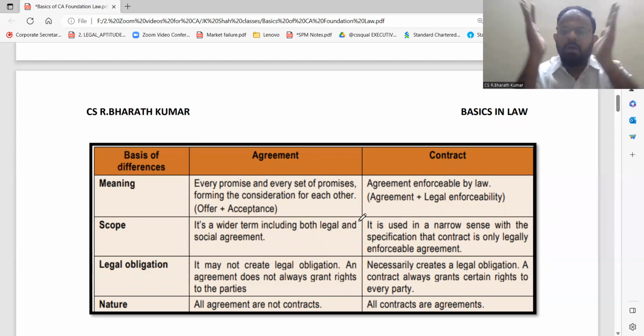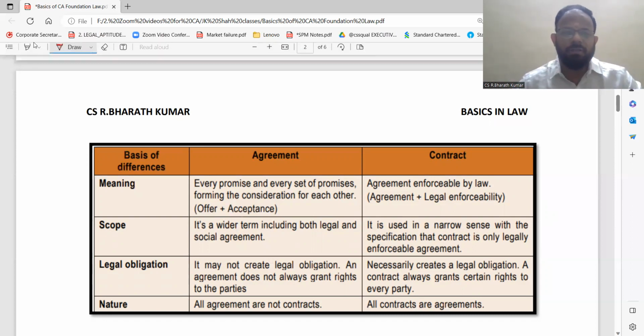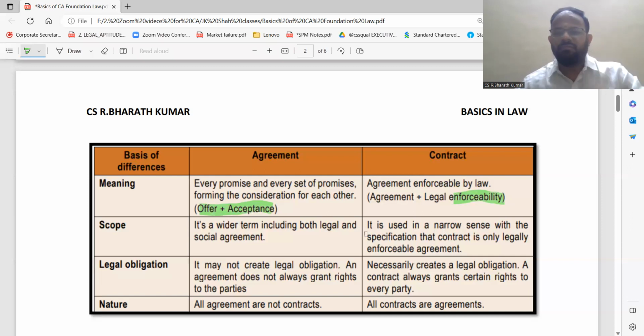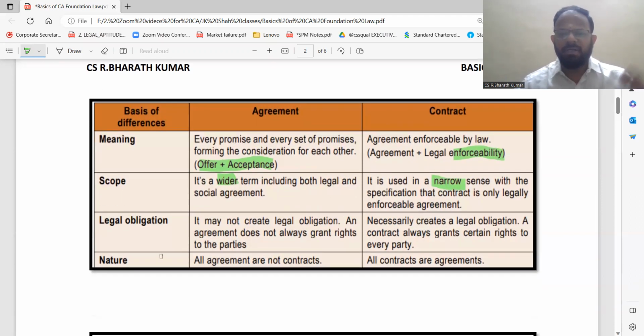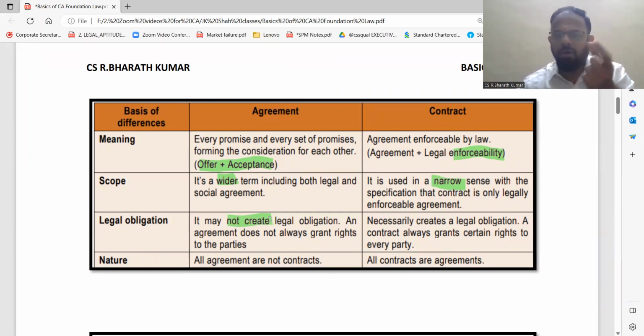Agreement is a wider term, contract is a narrower term. So all these keywords will make you realize what is going to be there. Offer, acceptance, and when you say legally enforceable, that means enforceable in the court of law. It is wider. It is going to be a narrower sense in what we are talking about. Not necessarily does it create a legal obligation. I was just talking about the father and son or daughter duo.